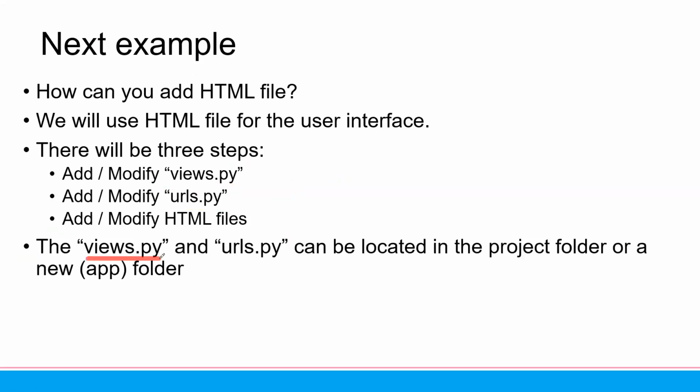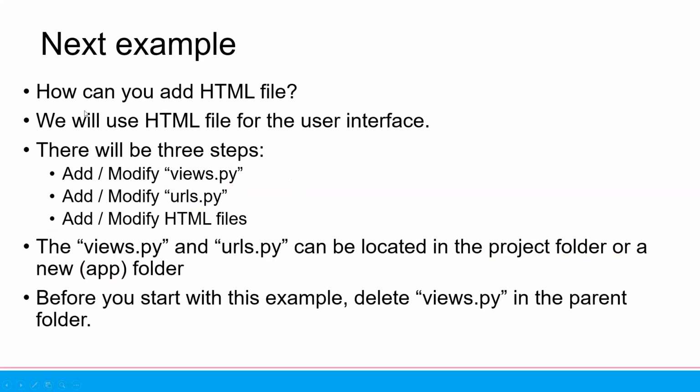The views.py and urls.py can be located in the project folder or in a new folder, which we call the app folder. So if you create a project or an application, then you can create a folder like this.